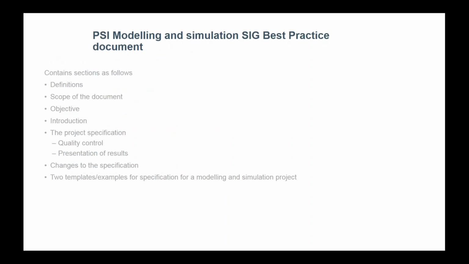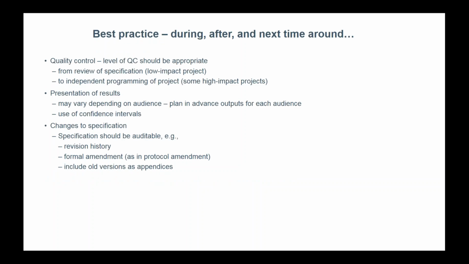Next, I'll just cover briefly the aspect of the specification which includes quality control and presentation of results. With regard to quality control, we wanted to keep to this idea of matching the impact of the particular project for which modeling and simulation is used.